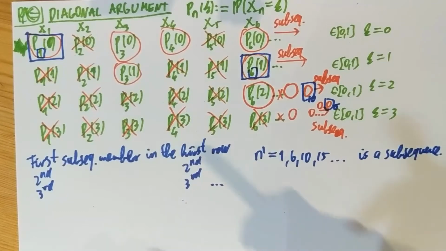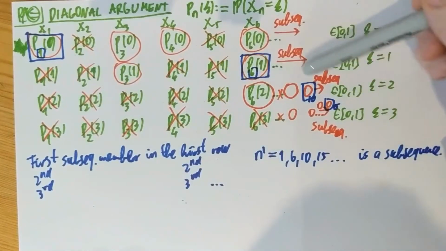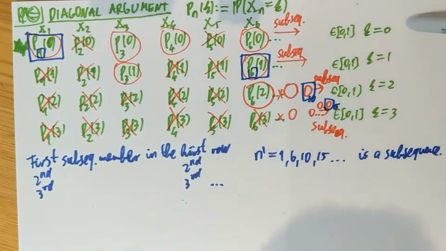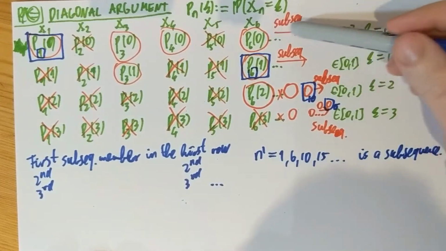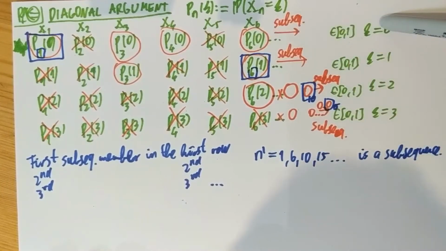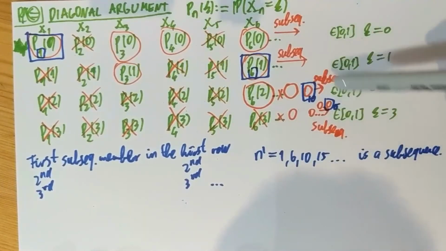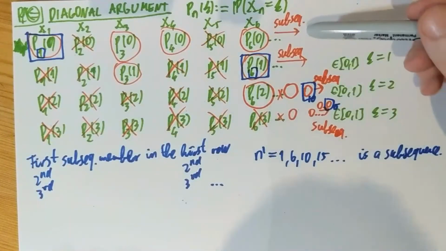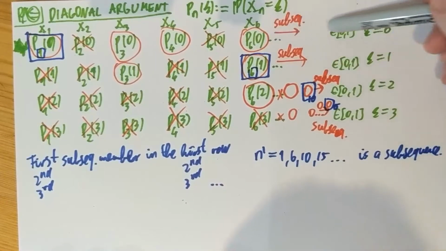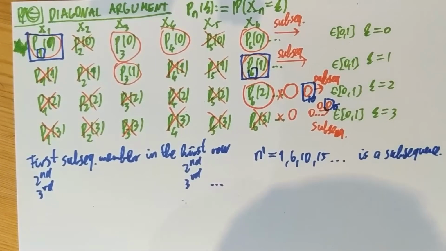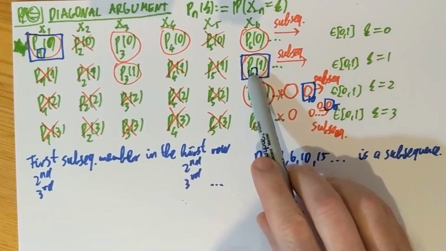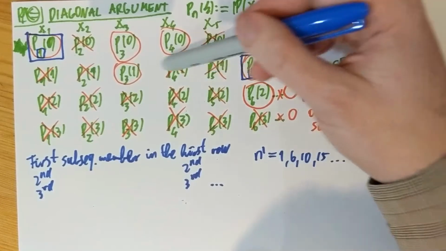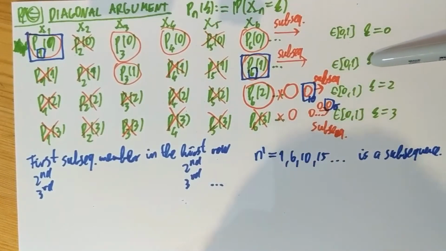Number 1, number 6, number 10, and number 15 are all members of my first row subsequence. The reason is that I forgot everything that was not selected in the first row, so anything I picked underneath must have been selected in the first row. So 1, 6, 10, 15, and so on are all members of the first row subsequence. 6, 10, 15, and so on are all members in the second row of my subsequence.